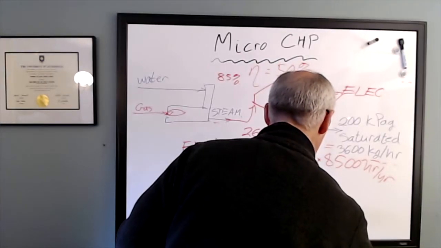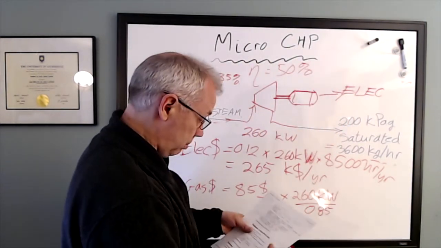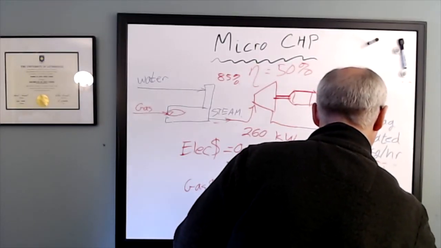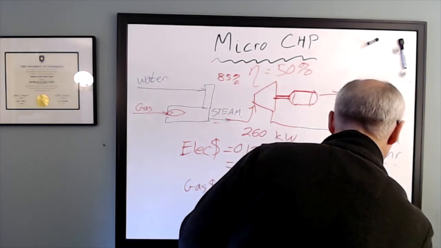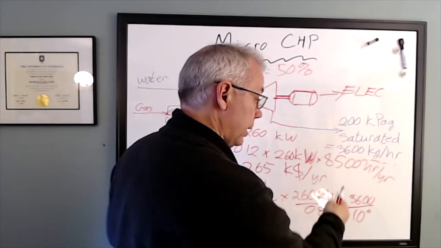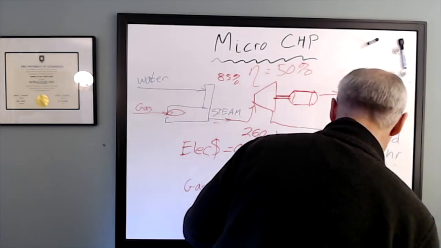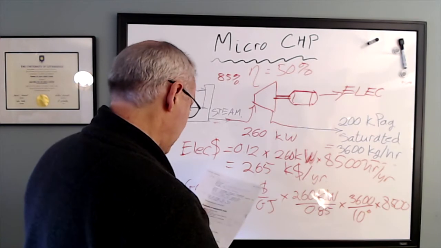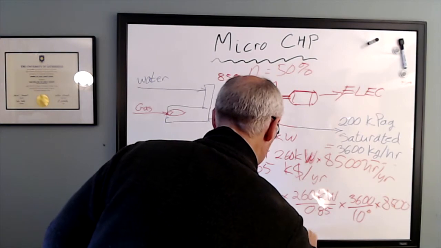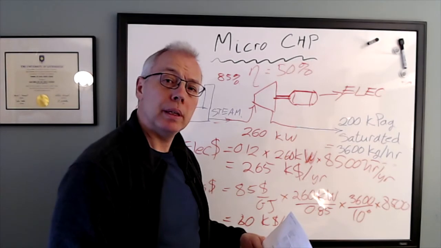We'll divide that by our efficiency of 0.85. And we'll get the number of hours per year, and we get 8,500 hours per year. And for this, we get about $80,000 per year in gas that we consumed.